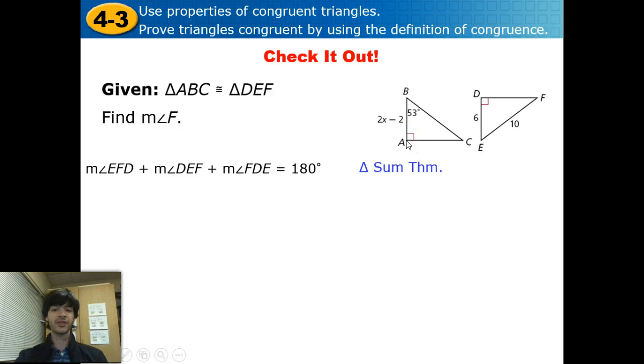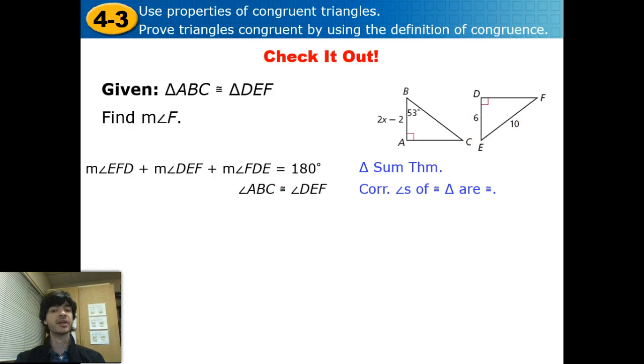Hopefully you guys figured out that it's ABC, right? If we look at our letters, angle B and angle E will definitely correspond. So we find out that ABC is congruent to DEF.